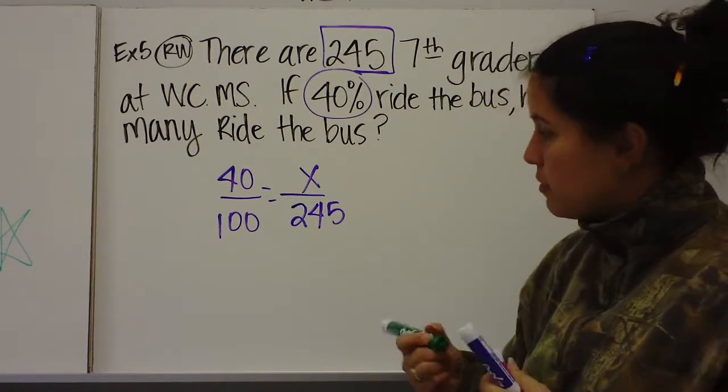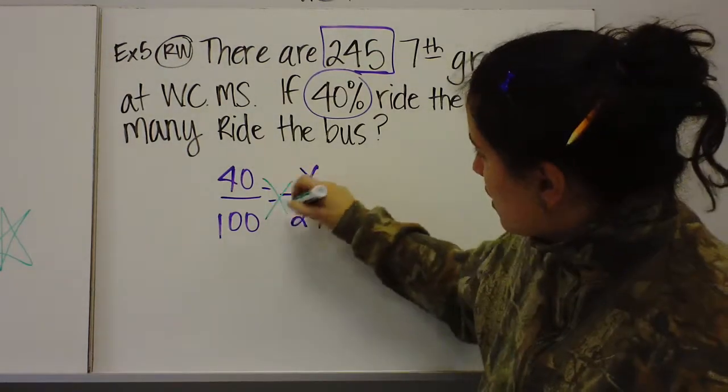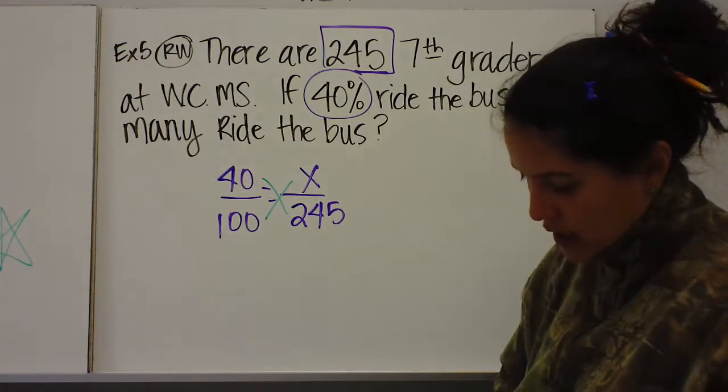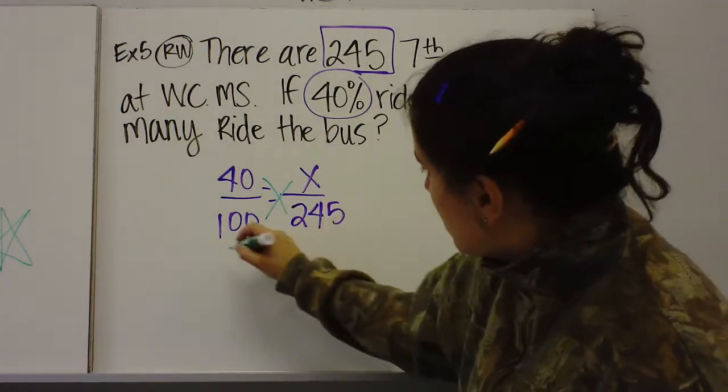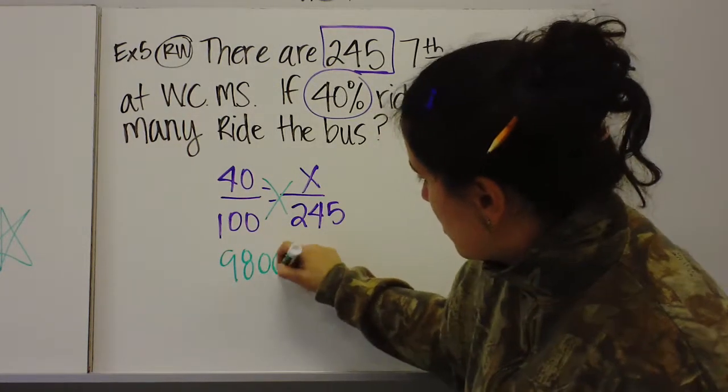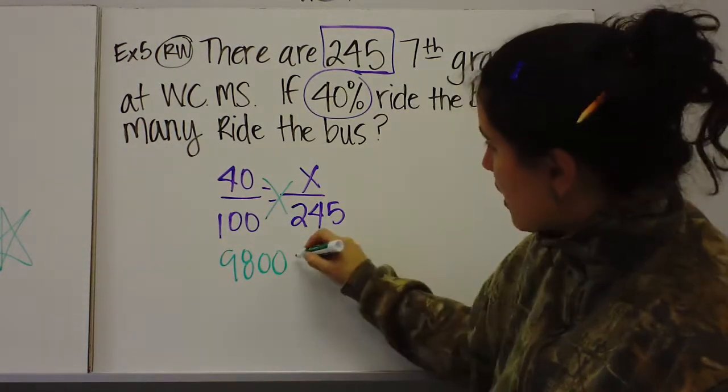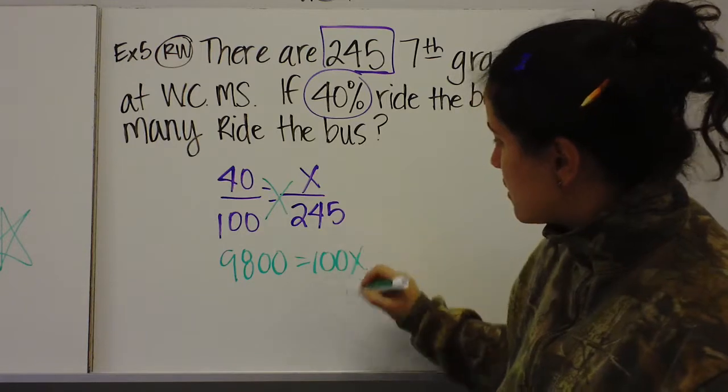So you cross multiply, and we get 40 times 245, 9,800 equals 100x.